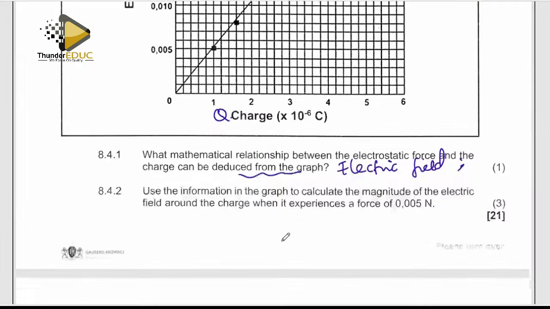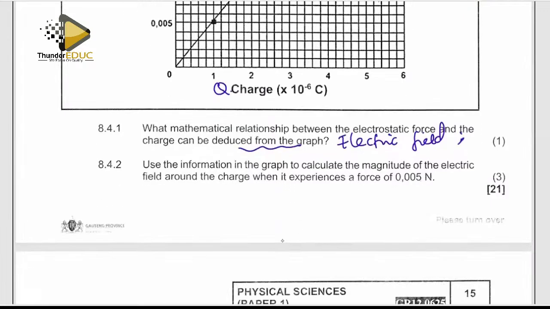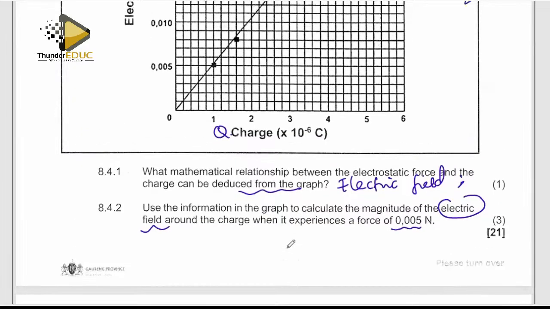Then 8.4.2, use the information to calculate the magnitude of the electric field when it experiences a force of 0,05 newtons. So what I'm going to do, we know that the electric field is given as the force divided by the charge.